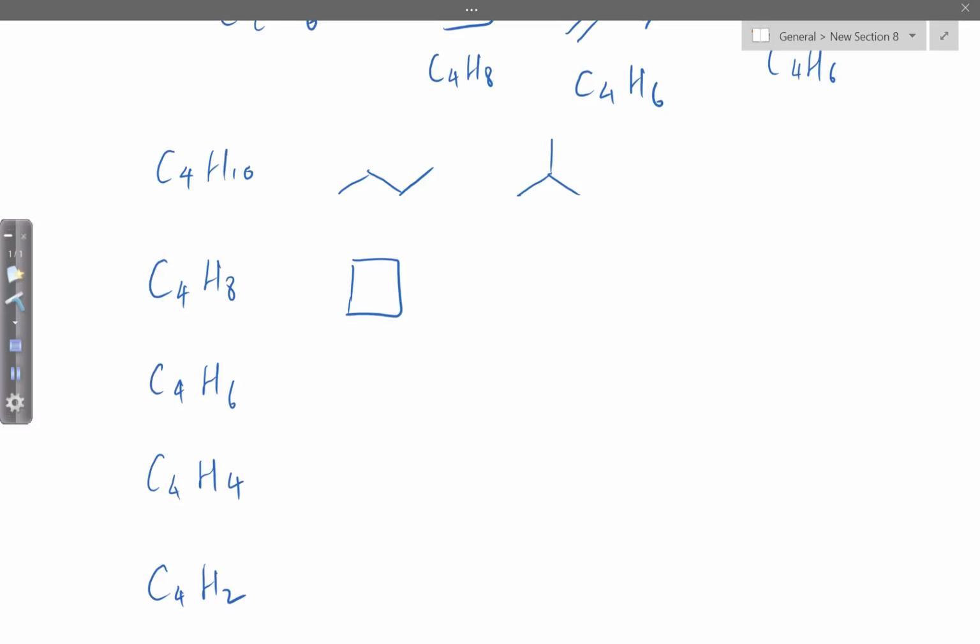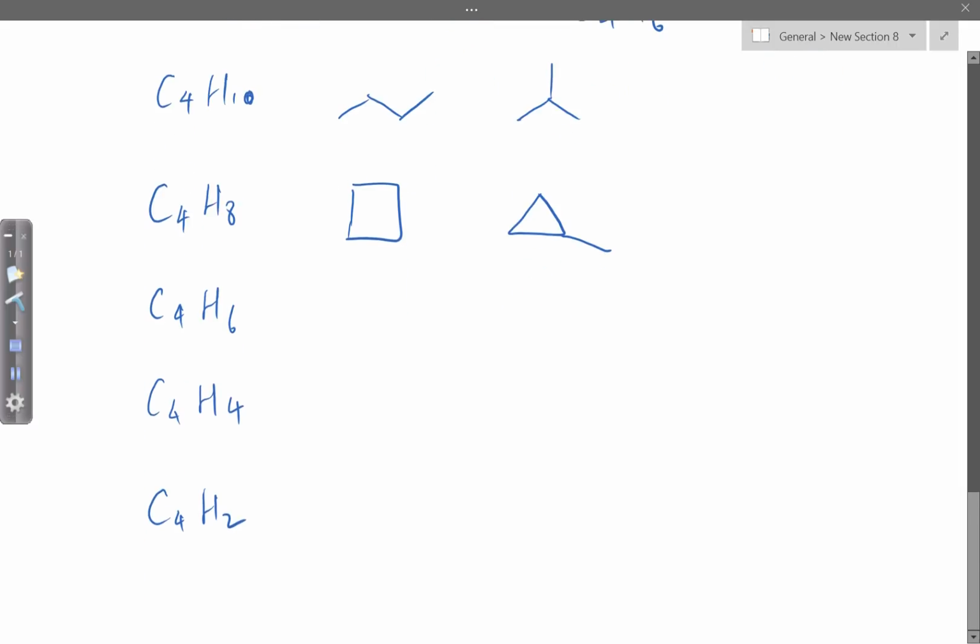Are there any more structures with this formula? You have a 4-member ring, correct? Why not shift down to a 3-member ring? This is also C4H8, right? Did you go through the degree of unsaturation yet? Not yet? Maybe I'll go through it later, it's in my isomerism notes.